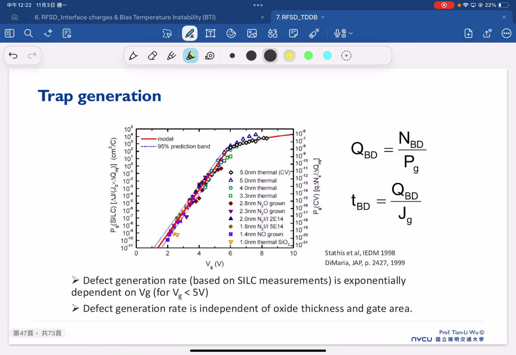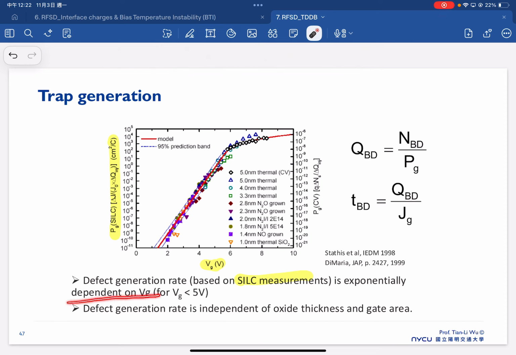And this is another evaluation of how people look at the defect generation rate. This is based on the SILC measurement, and this is the defect generation versus gate voltage here. So we can find out that the defect generation is exponentially dependent on the gate bias, and the defect generation is independent of oxide thickness and also the gate area.